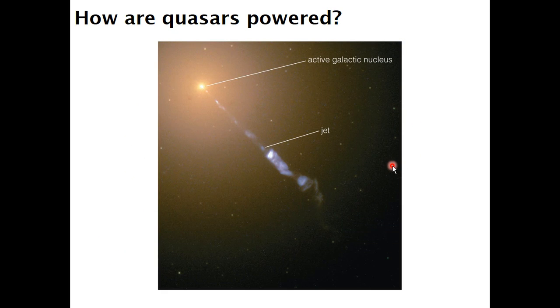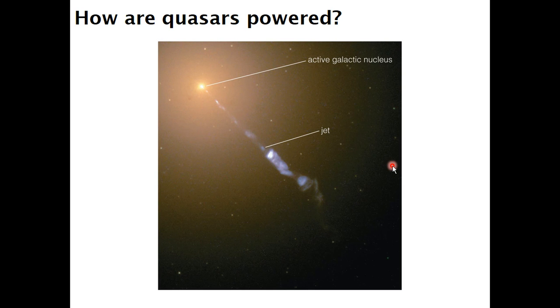So another form of energetic galaxies is what's called an active galactic nuclei or active galactic nucleus. There's different categories of these. You can look up the different categories. Your text refers to one category of these as quasars, which is a contraction.